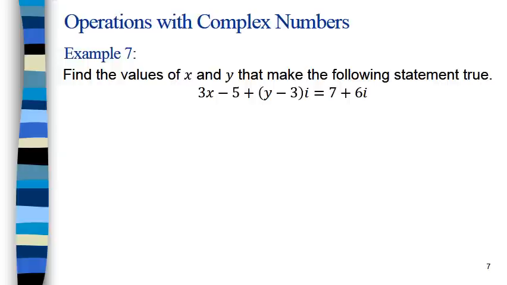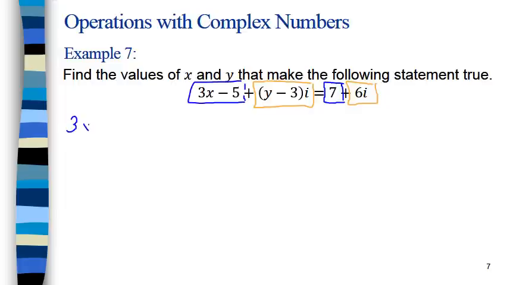Okay, so how do we do that? First, we need to recognize that the real part is separate from the imaginary part. So if, for example, we needed to find the values of x and y that make this statement true, we need the real parts to be equal to each other and the imaginary parts to be equal to each other. So we actually have two equations here.